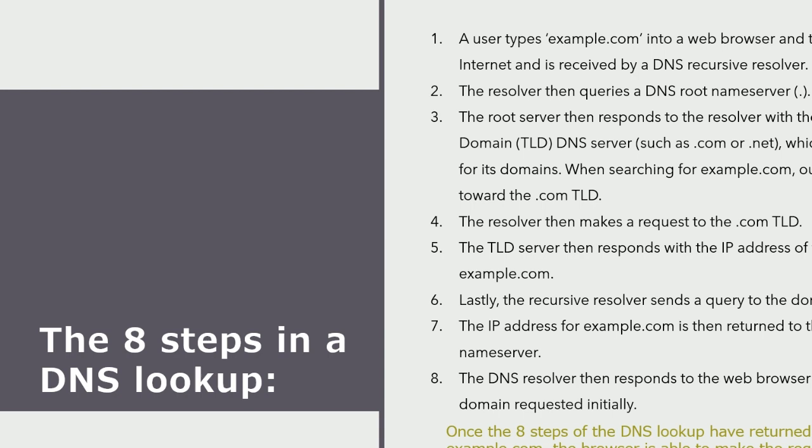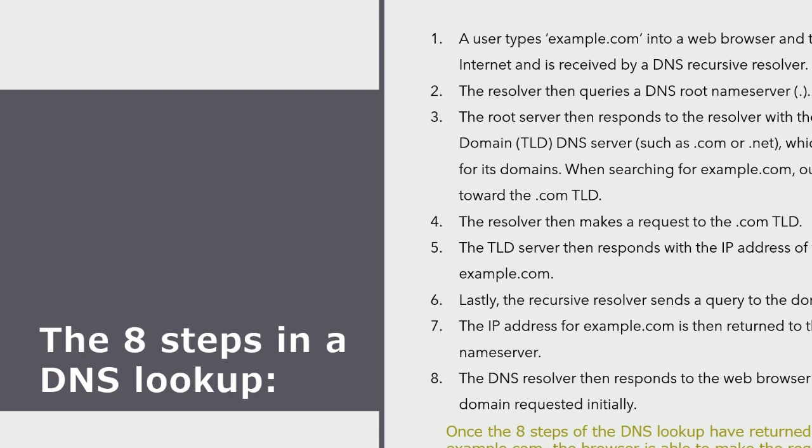The resolver then queries a DNS root name server. The root server then responds to the resolver with the address of a top-level domain DNS server, which stores the information for its domains. When searching for example.com, our request is pointed toward the .com TLD.